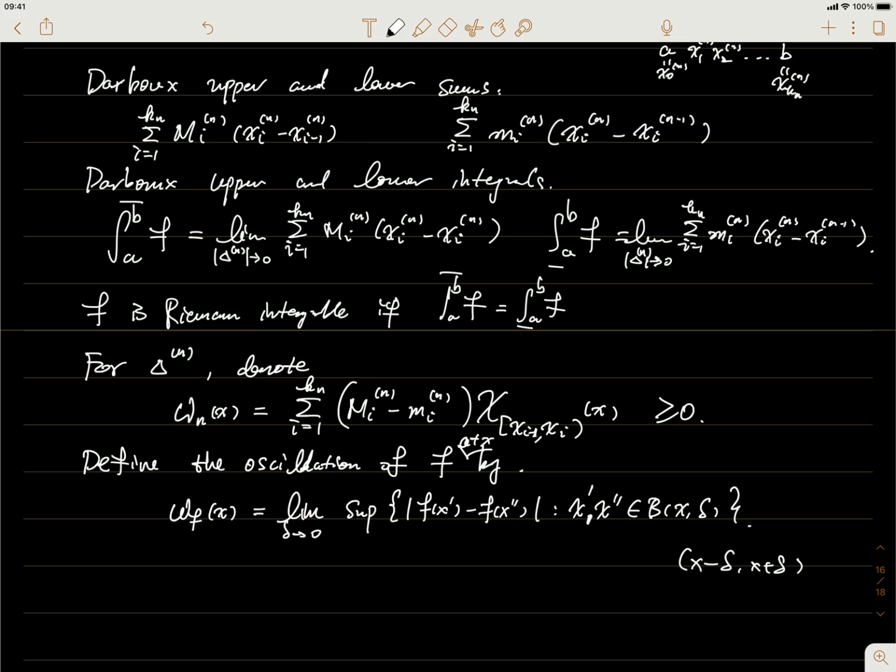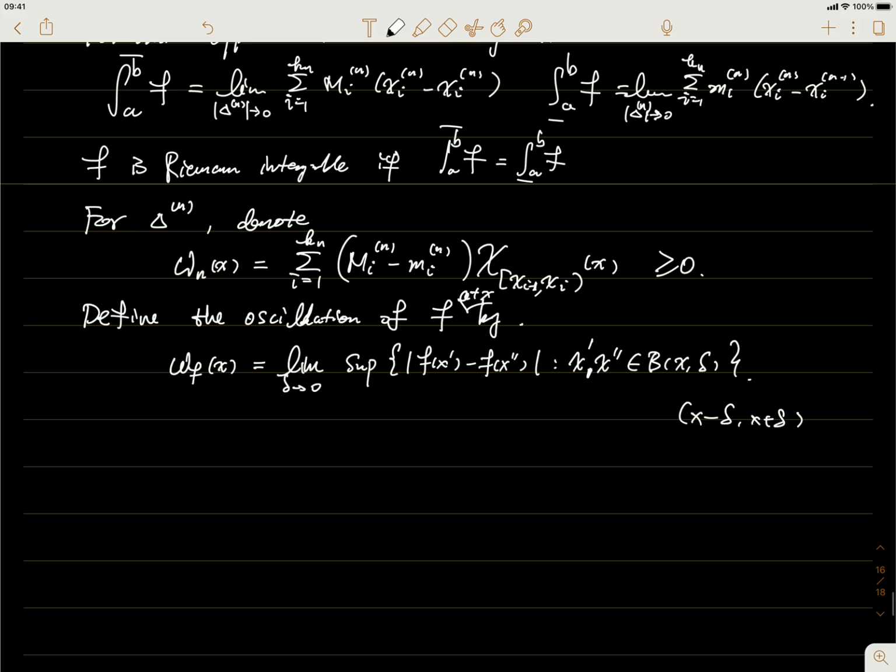Now you can see the relation between the two. Apparently, Wn converges to this Wf. Also, if you consider a refinement of the partition delta n, then you get another Wn, and you can see that Wn is non-increasing.